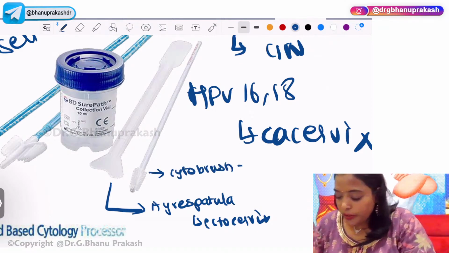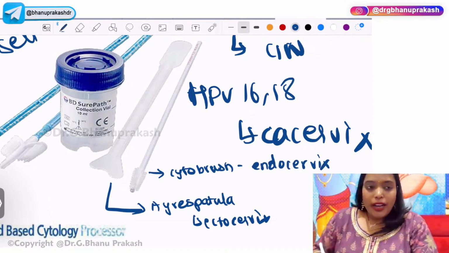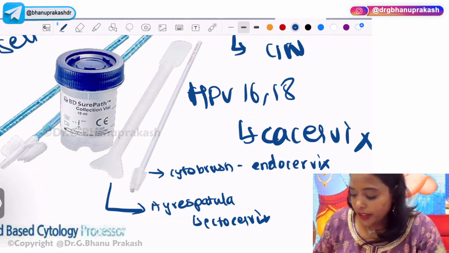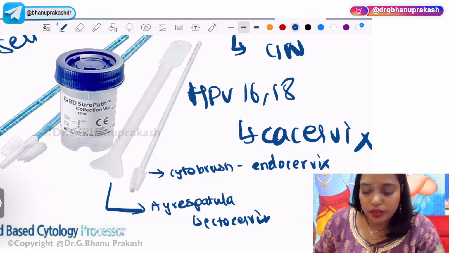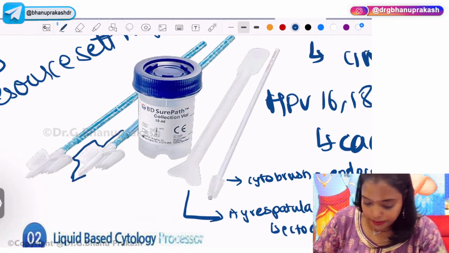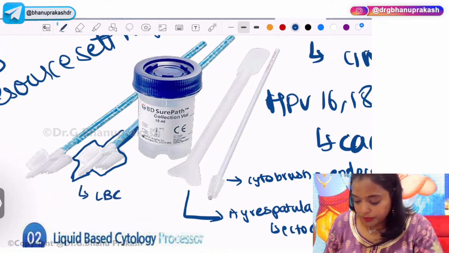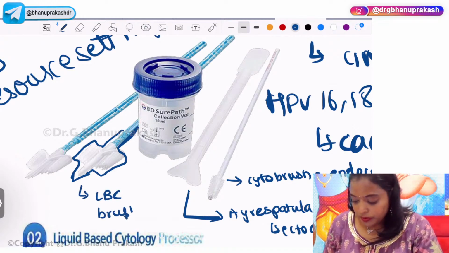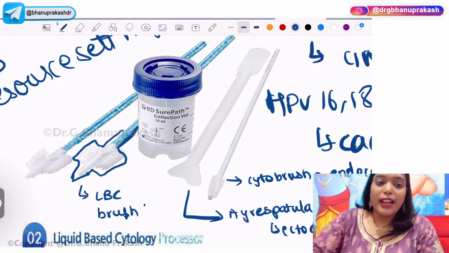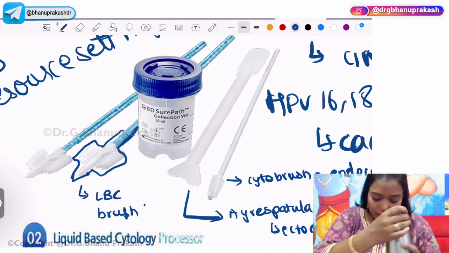You mainly use it for the endocervix. So Ayre's spatula is mainly used for the ectocervix, whereas the cytobrush is mainly used for the endocervix. This is the liquid-based cytology brush, the LBC brush. It's called Rovers endocervical brush.